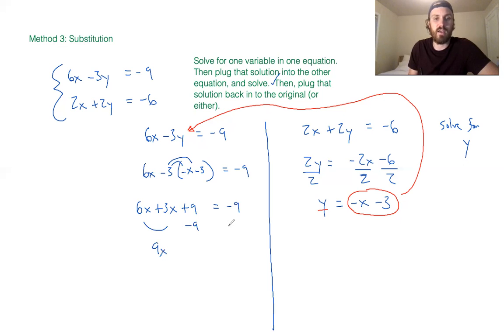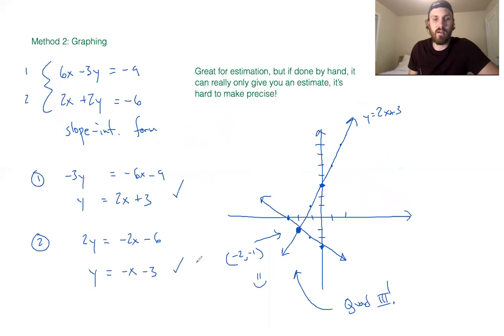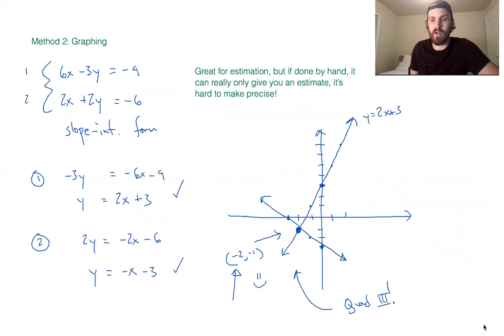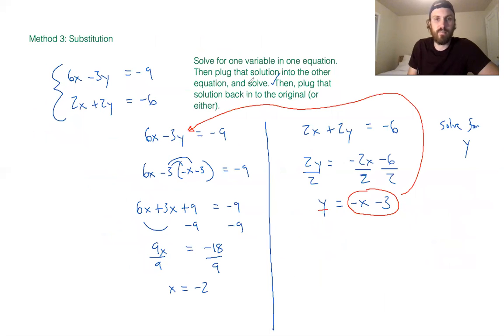I'll subtract 9 from both sides, so 9x equals -18. Divide by 9, divide by 9, and I have x equals -2, which, going back here, is what I expected. It's what I expected. Going back to my guess and check, numerical guess and check, my graph, and now substitution.